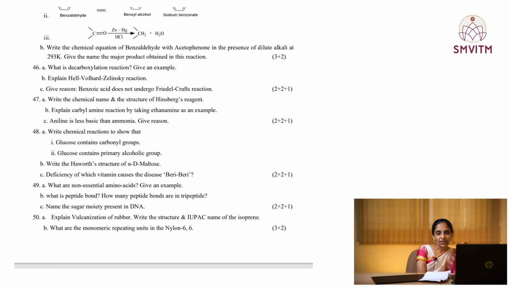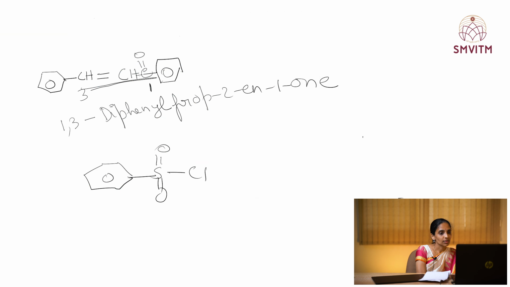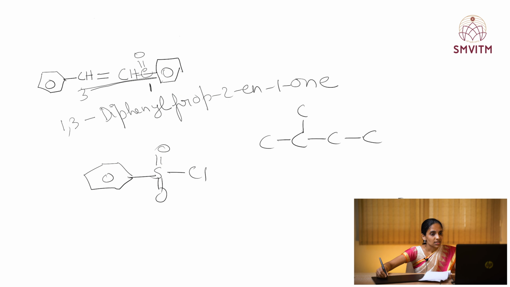The IUPAC name of isoprene has been asked. It is 2-methyl-1,3-butadiene. And what is its structure? The structure of isoprene is, 4 carbons. The second carbon bears a methyl group.